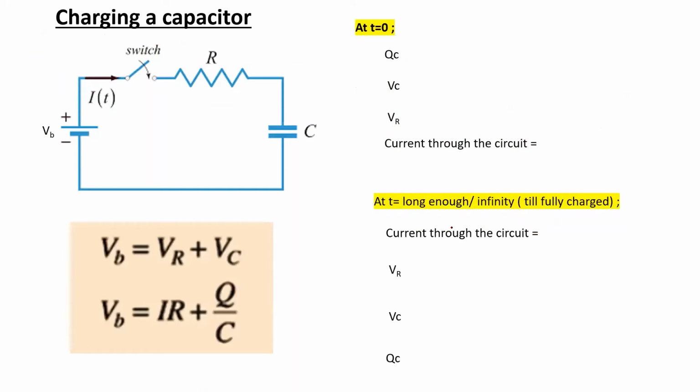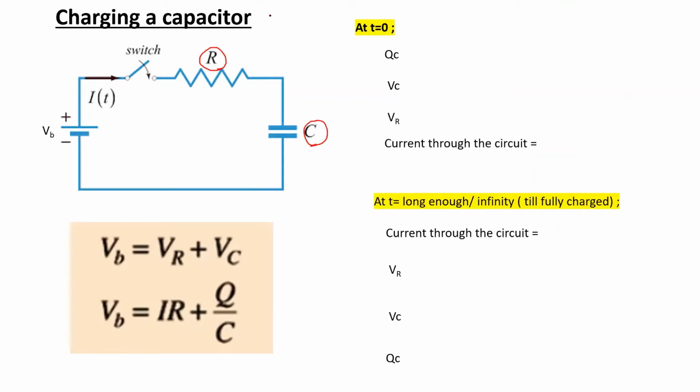Now let's start the hard one. This is not really hard, but it can be very confusing. So we will try to go step by step because this is very important. Here I have a circuit which has a resistor and a capacitor.